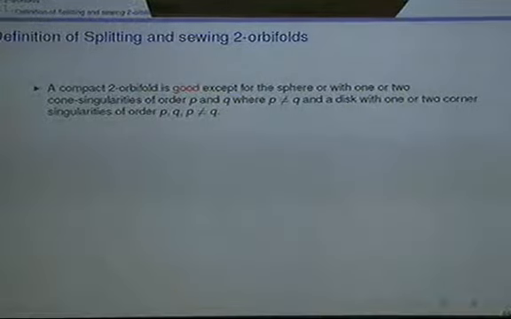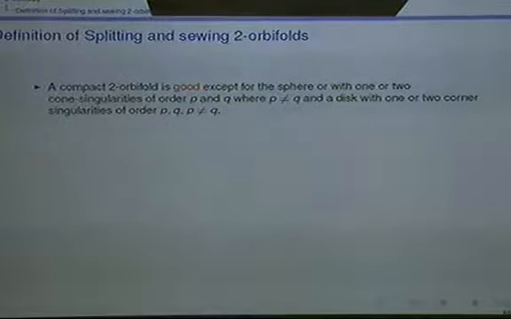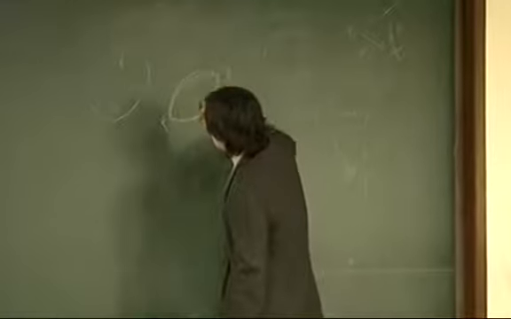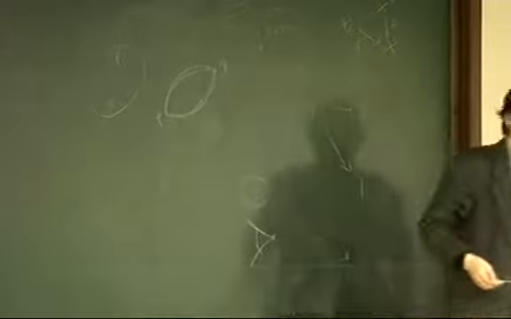So a sphere with orders p and q that are different, or this kind of disk. You have a disk which is silvered here, and this will be a corner. So this is silvered, and p and q are different. Okay, so then this is again not a good orbifold, so it's a bad orbifold.